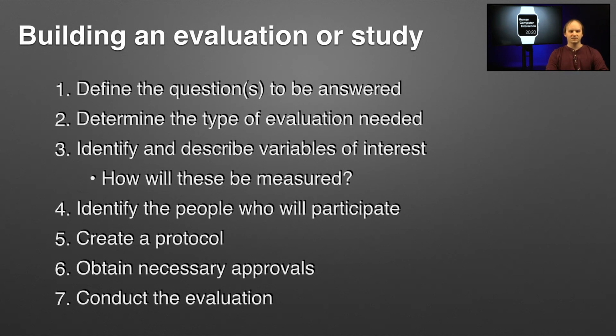And I should say these steps, the 2 through 4 here, they all happen at the same time. So if you're going to do an evaluation with young children or something, that's probably going to affect maybe the type of evaluation or how you measure something. So these don't necessarily strictly happen in this order. This is just in general.